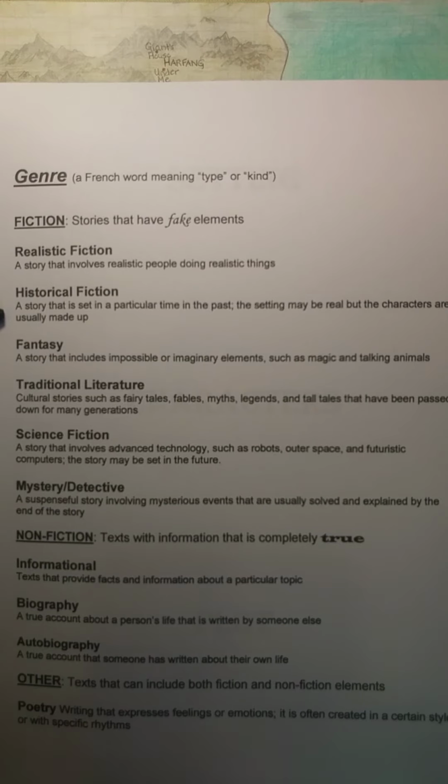It was in the particular time that it happened, back in the Revolutionary War era, and it may have included some components of fiction, but most of it was true and historically accurate. Carry On, Mr. Bowditch could also be seen as a biography, because it was about Nathaniel Bowditch's life. And an example of realistic fiction could be the book Holes, or perhaps Big Red was a realistic fiction. It was real people doing real things.